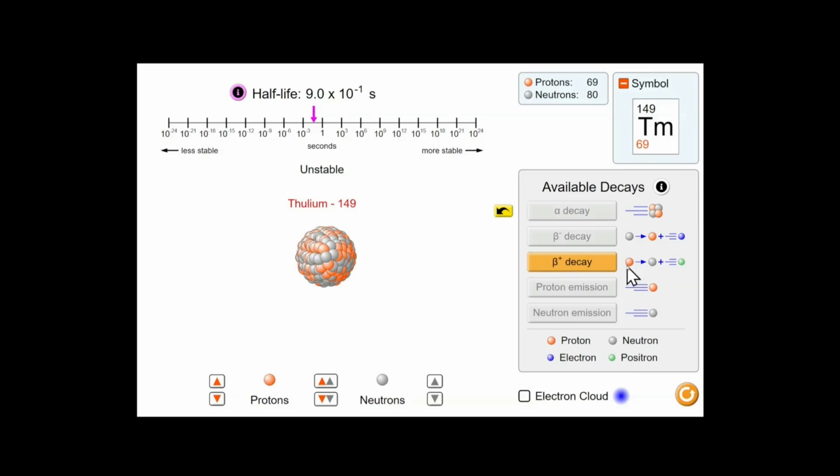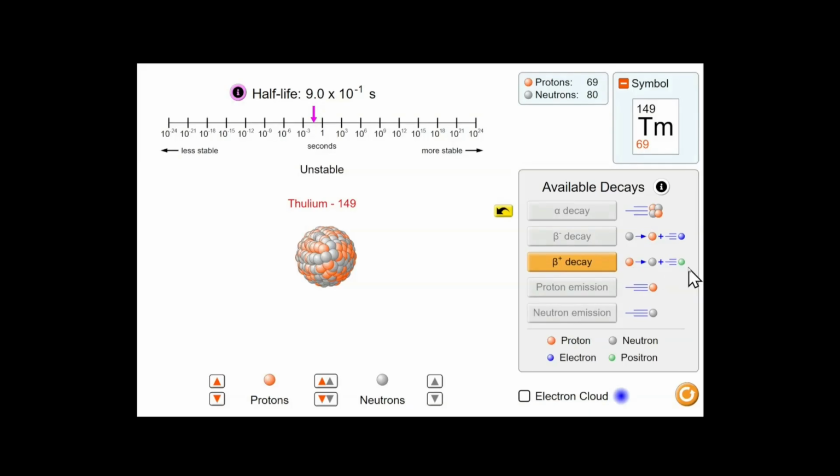And beta decay is when a proton becomes a neutron and emits some energy. It emits energy in the form of a positron, which is a positively charged electron. We're not going to worry about that right at the moment.